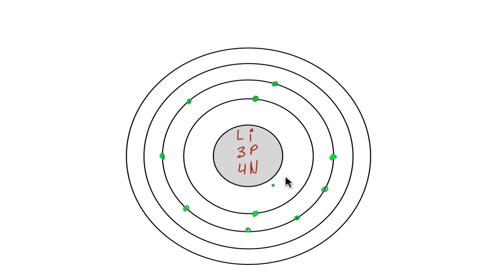Now we have 10 total. We need 2 more, and then we start filling in on the third energy level. We can fit 18 on that one, so then we'd be done. That would be magnesium. So again, 2, 8, 18, 32. Those are the magic numbers you need to remember.